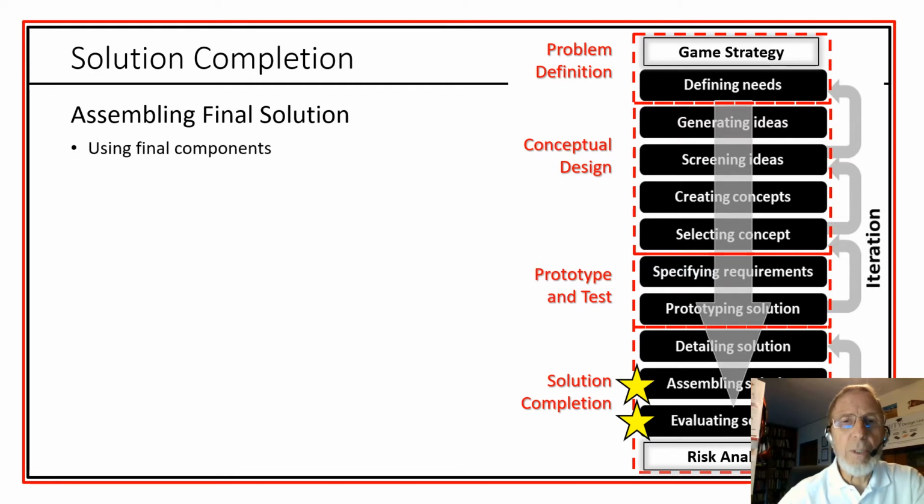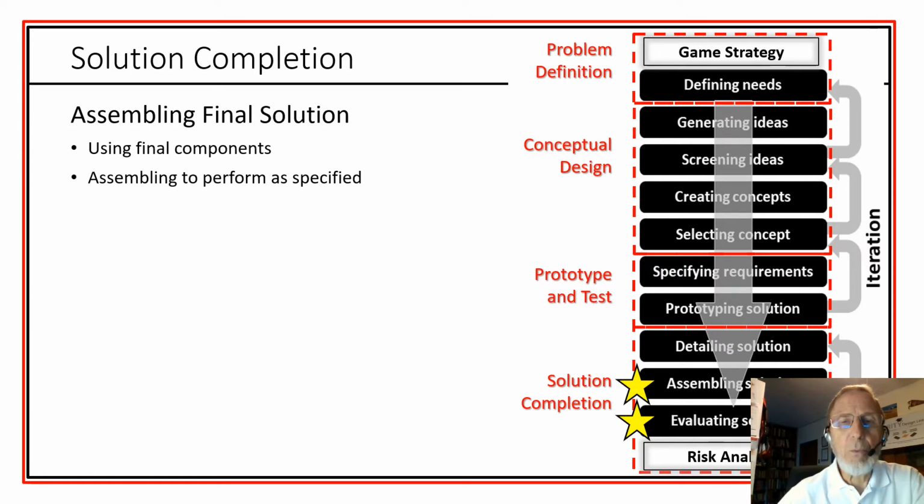Remember that when we're assembling this final solution, we're talking about using final components. This is not just the temporary components that we used in prototyping, but these are the final components that we would use in our final solution. We're also assembling now to perform as specified.